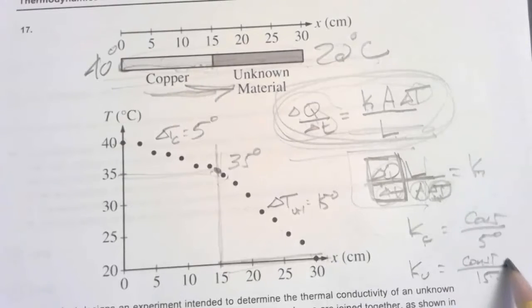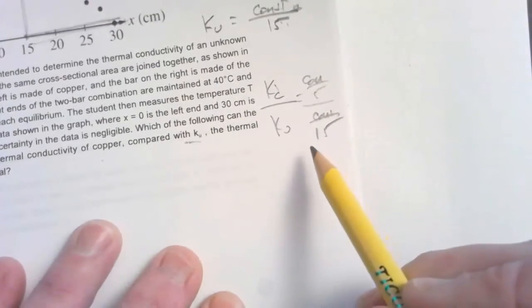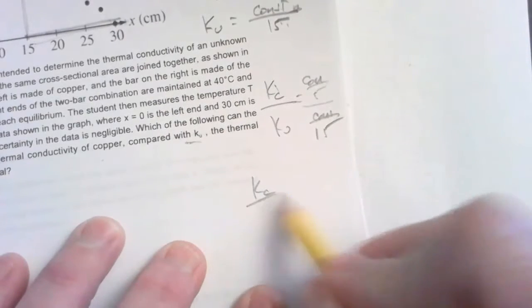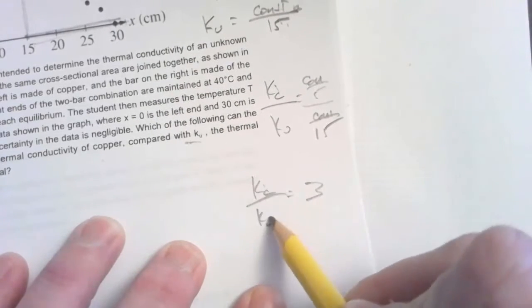You could look at the ratio if you wanted. You could go Kc over K unknown, which would be constant over 5 divided by constant over 15. Now, when you're done that, the ratio would be 15 over 5, which is 3, so 3 to 1.